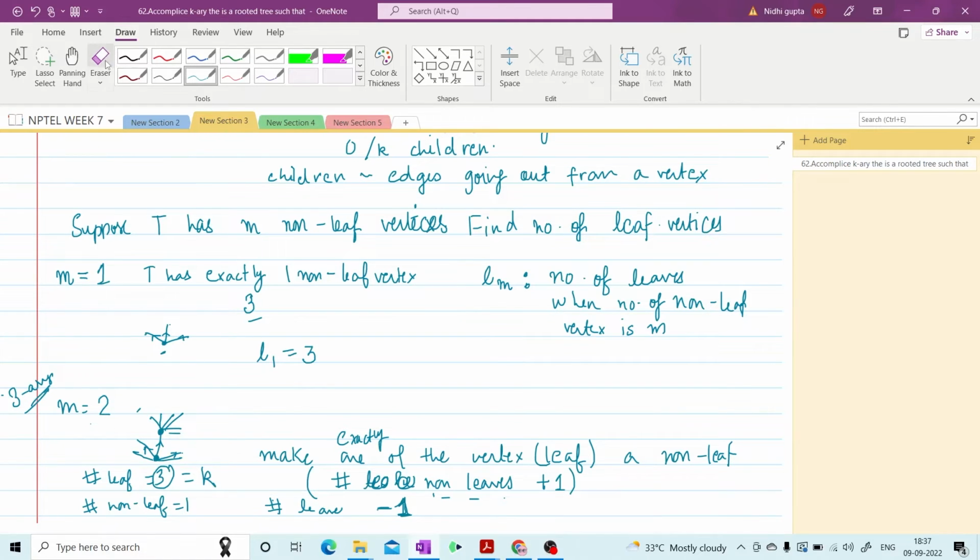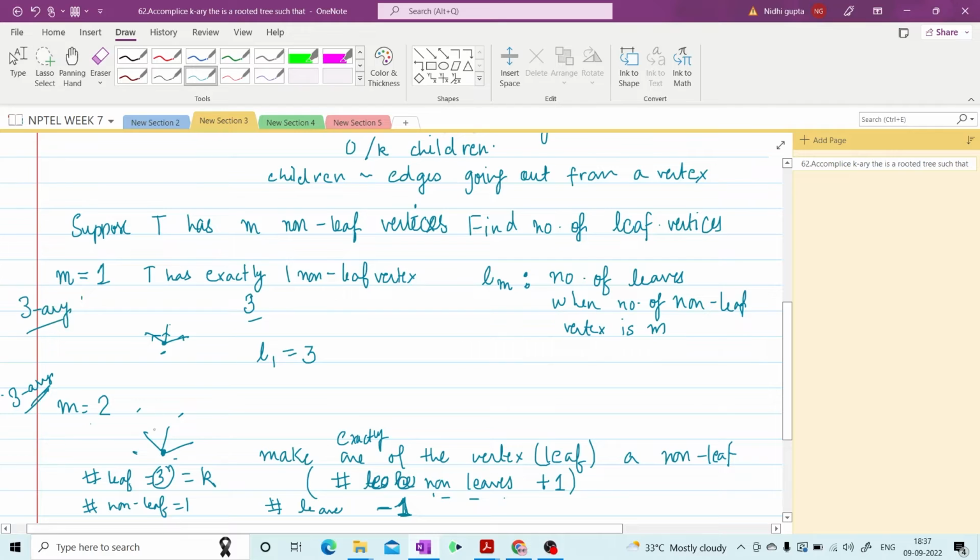Okay, let it be 3-array only, because I have done this for 3. We started with a root, and this was why it is 3, because we are talking about a 3-array complete tree. So the end result is that the number of leaves gets subtracted by 1, and then we are adding 3 more leaves.